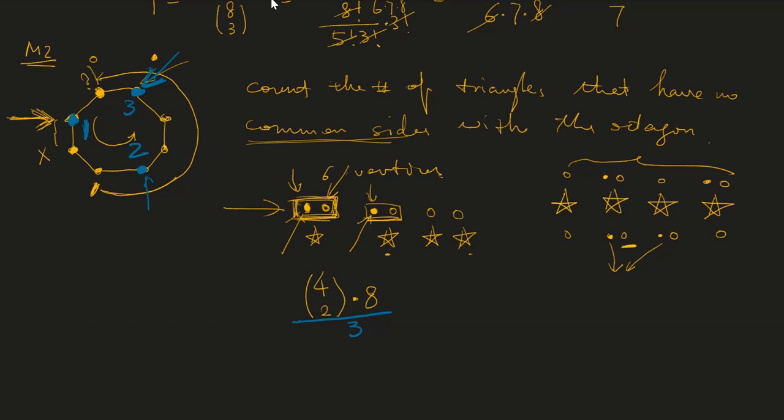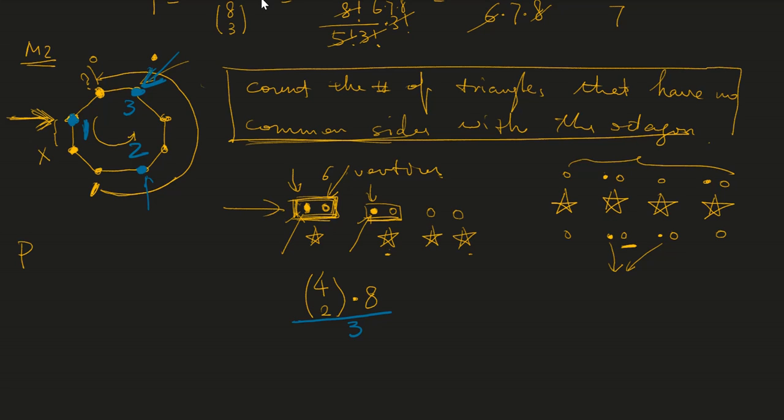Good. Then what is the probability? The probability for this condition equals 4 choose 2 times 8, and then times 1/3, right? 1/3 is for this. Then this whole thing is divided by 8 choose 3, right? That's the total number of triangles we can construct from 3 randomly chosen vertices, regardless of the number of common sides.